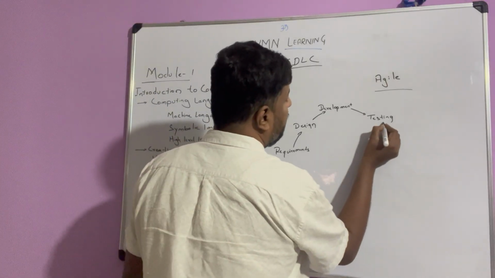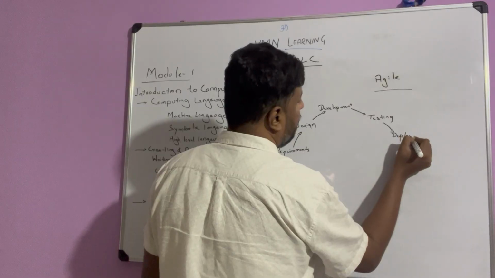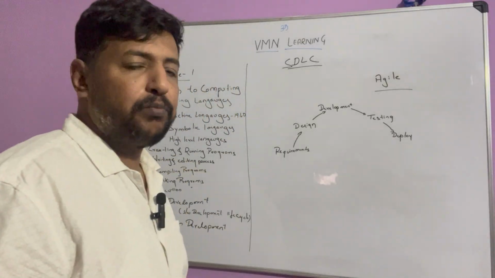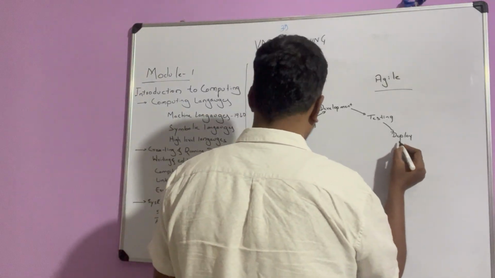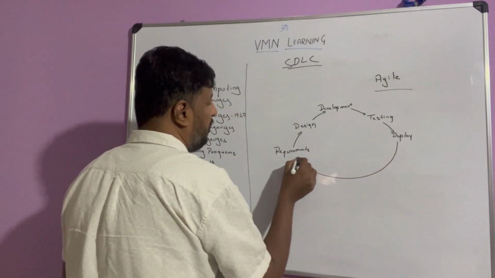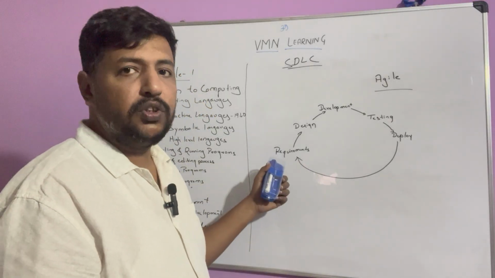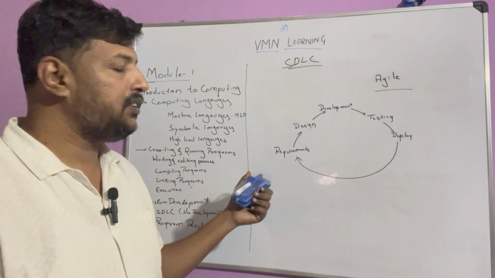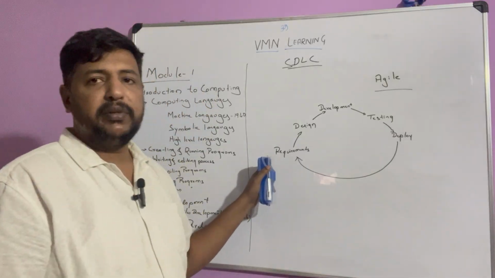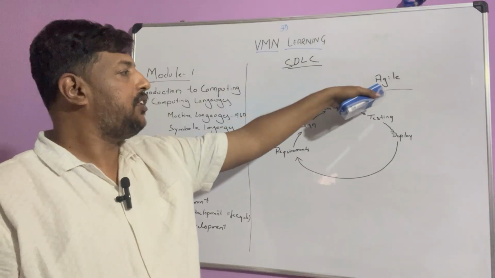Once it is tested, it is deployed to live. Now once it is deployed, we can have an iteration added here. As I told you, these are the small chunks. So first requirements, then we design, then we develop, test, deploy.